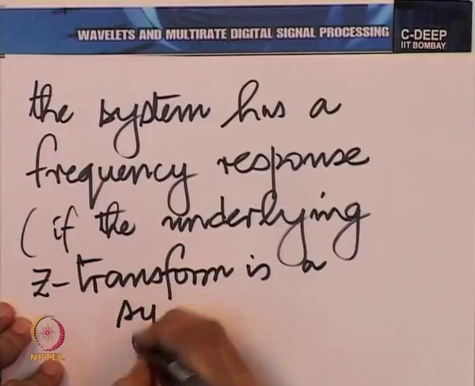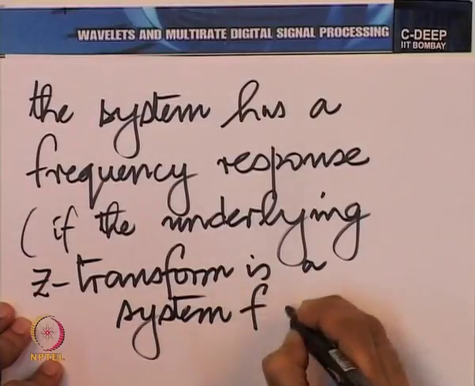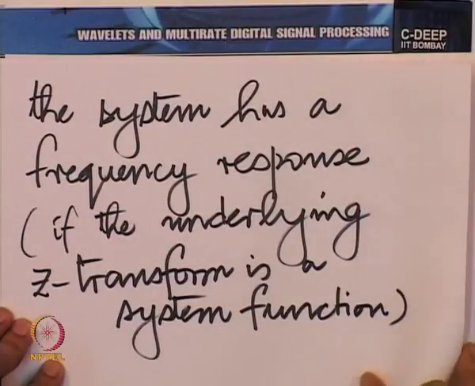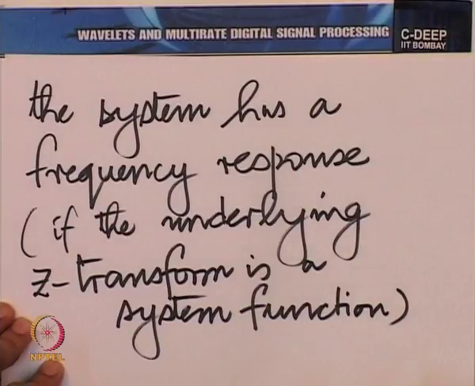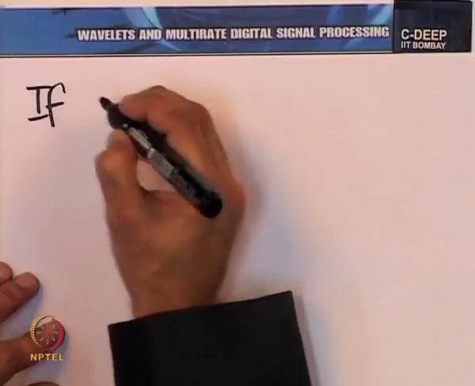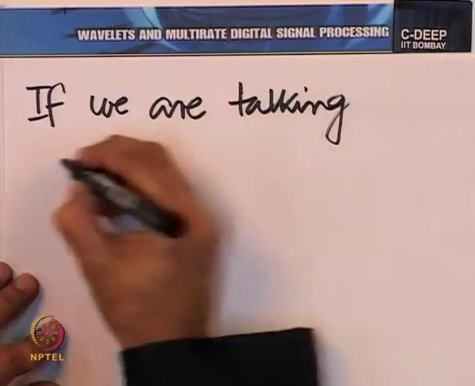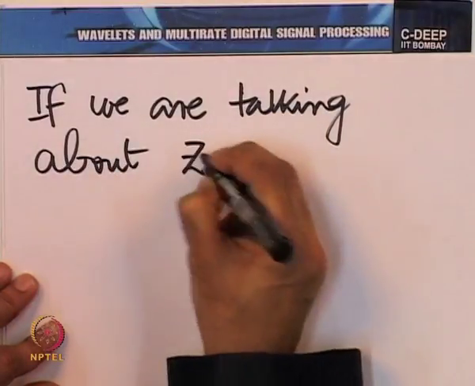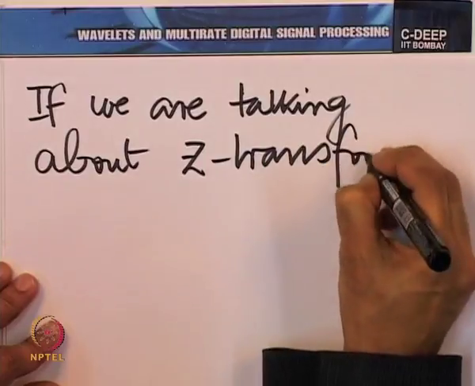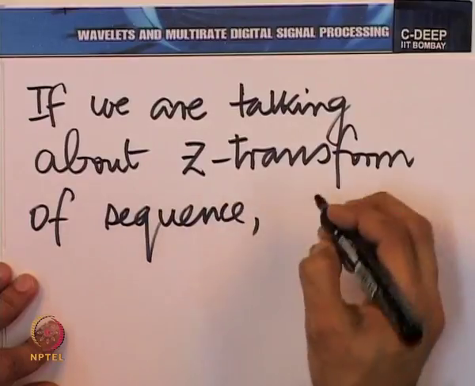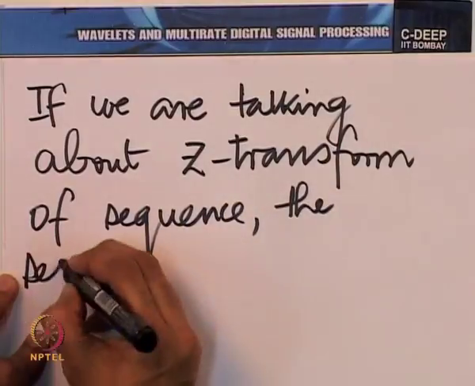And of course, otherwise, in case we are talking about the Z transform of a sequence, then we say the sequence has a discrete time Fourier transform.